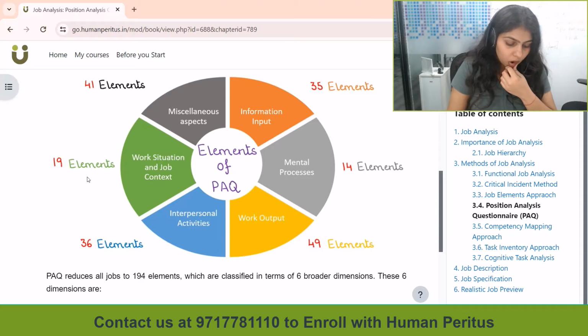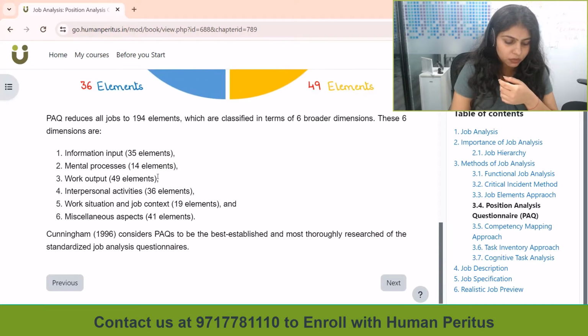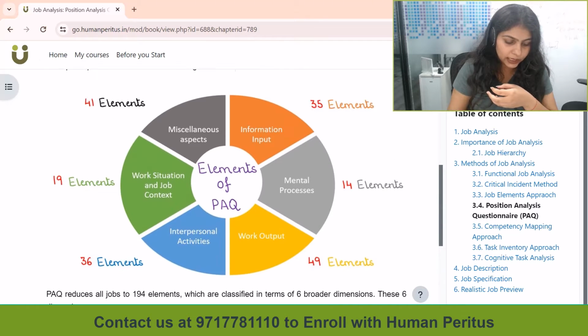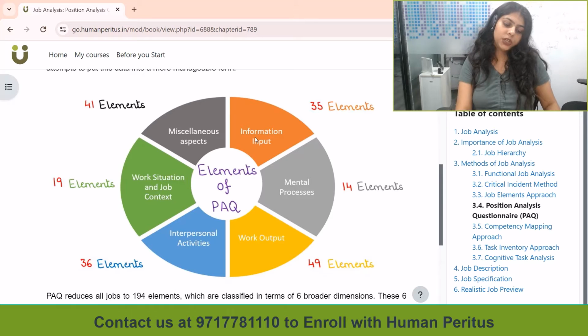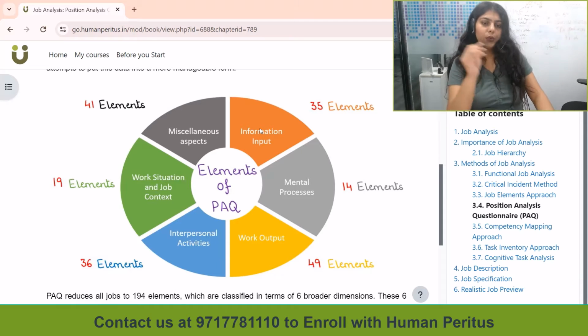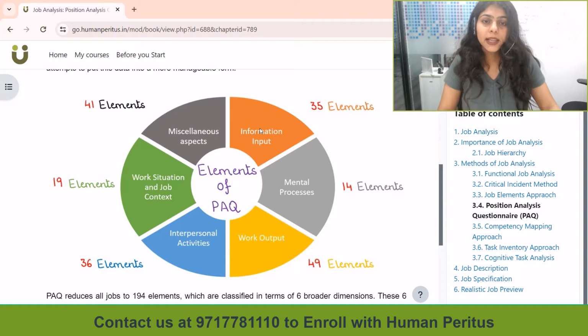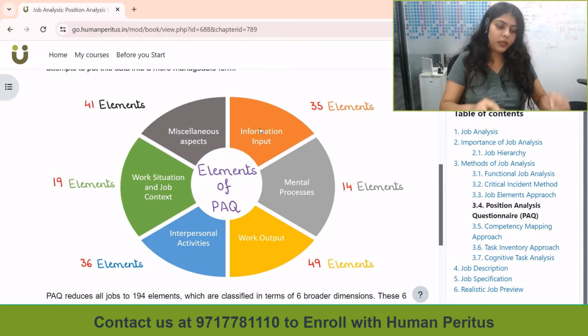So what do these categories even mean? What is information input, what is mental processes, what is work output? Let's understand what each of these categories means. So let's start with information input and make our way from the right. We have information input, and this usually means inputting the information.